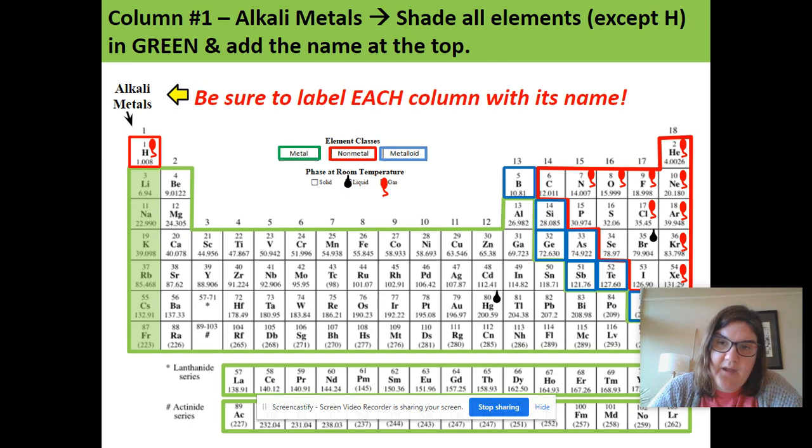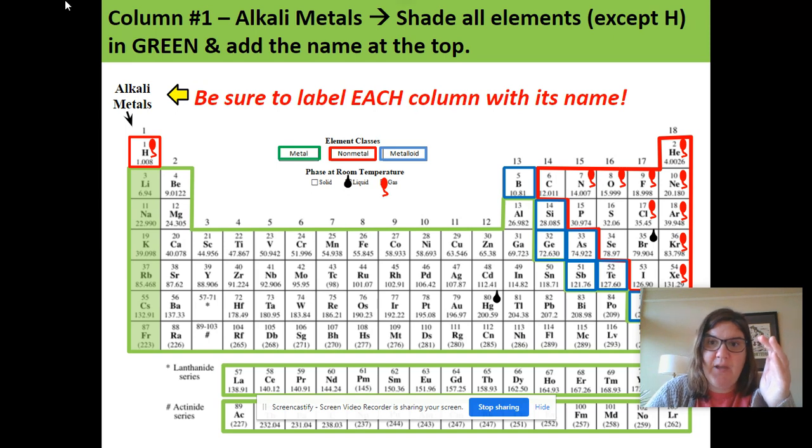You're going to hear that. So if I'm looking here in family 1, because these only have one valence electron, they're all going to react in a similar manner. They're not all going to react the same, but they're going to have chemical properties in common.